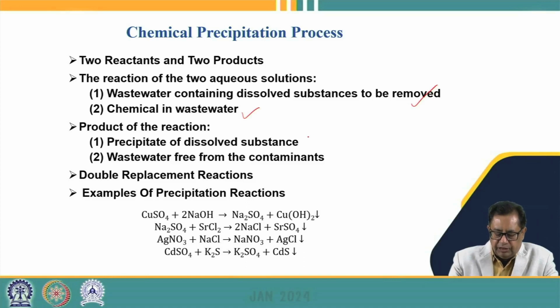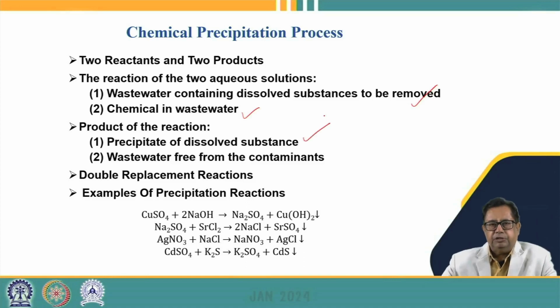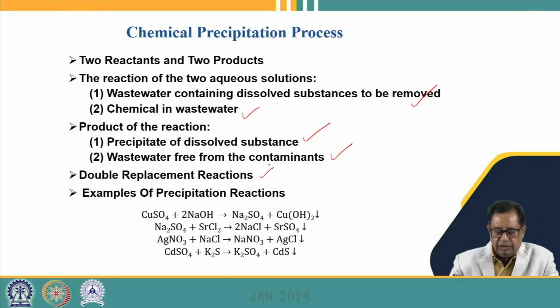Finally, the product of the reaction includes the precipitate of the dissolved substances which we want to remove. This may be removed from the wastewater by precipitation, and the wastewater then becomes free from those contaminants, and that's how the wastewater is treated. Such reactions are generally double displacement reactions.